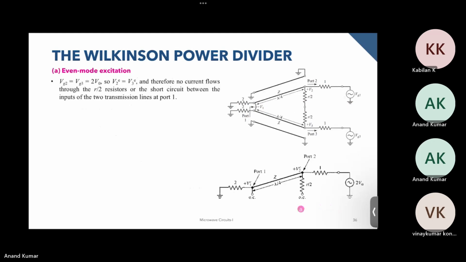Okay. So for even mode analysis, we have VG2 as 2 V naught and VG3 as 2 V naught, and both of them are at the same voltage. The circuit is very much the same on both sides since it is symmetric from this point.